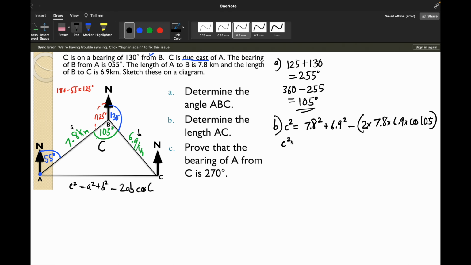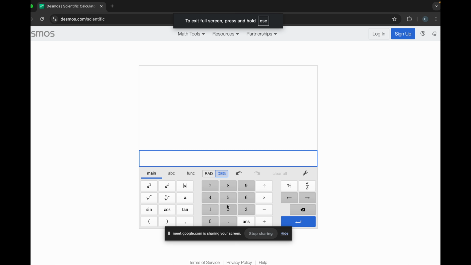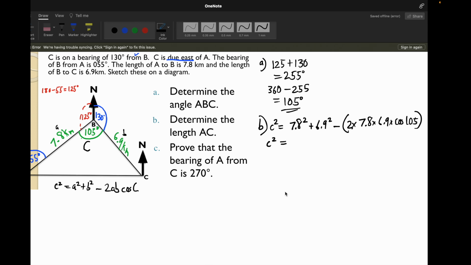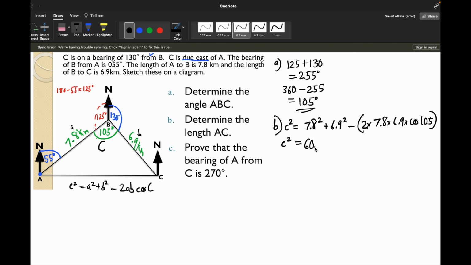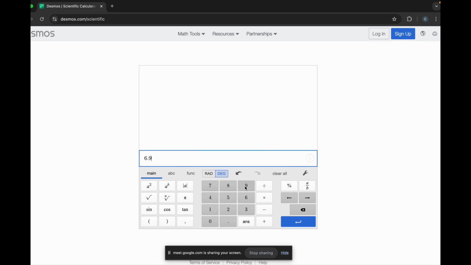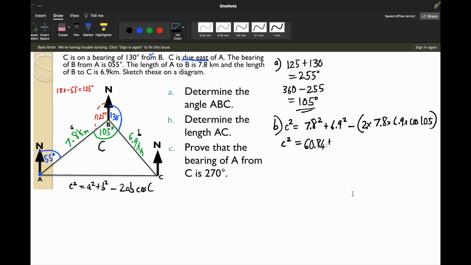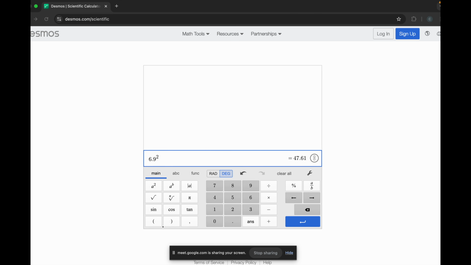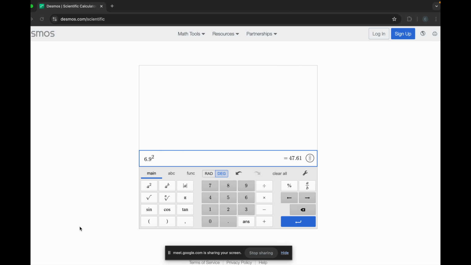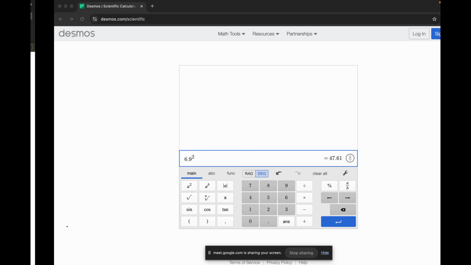So c squared is equal to, so 7.8 squared is 60.84, plus 6.9 squared, which is 47.61. So then we could say 7.8. Okay, I'm back now. You're back. All right, good.